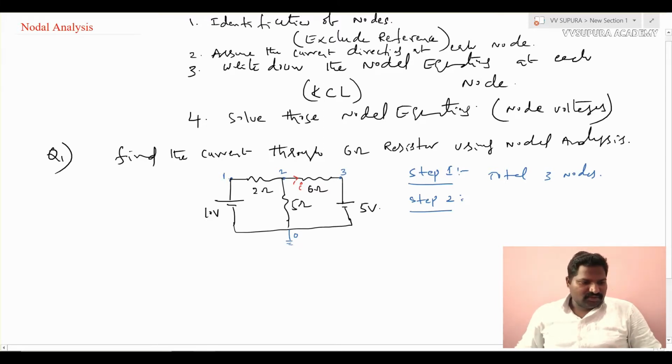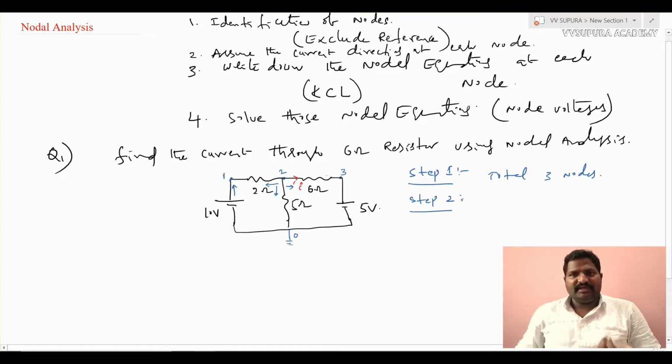So at this node, the 10 volt source will give the current in this direction, and I assume at node 2 all currents are leaving. So one current is from node 2 to node 1, one current is from node 2 to the reference, and one more current is from node 2 to node 3. So it's my assumption. This is also a notation.